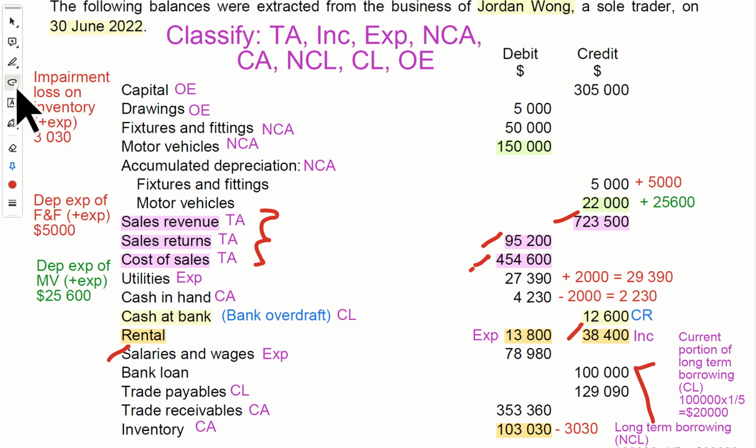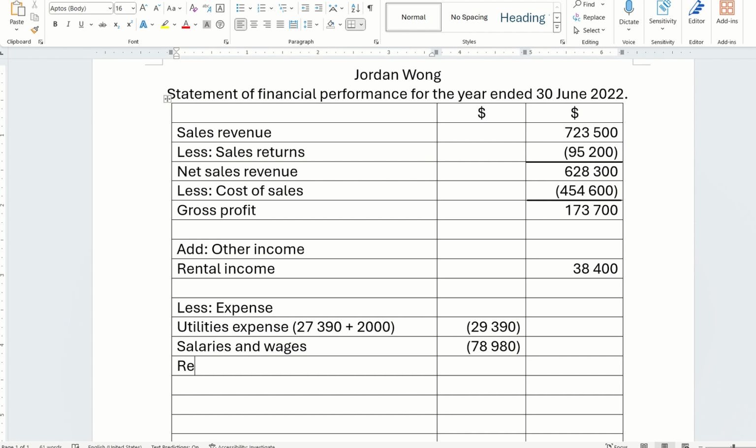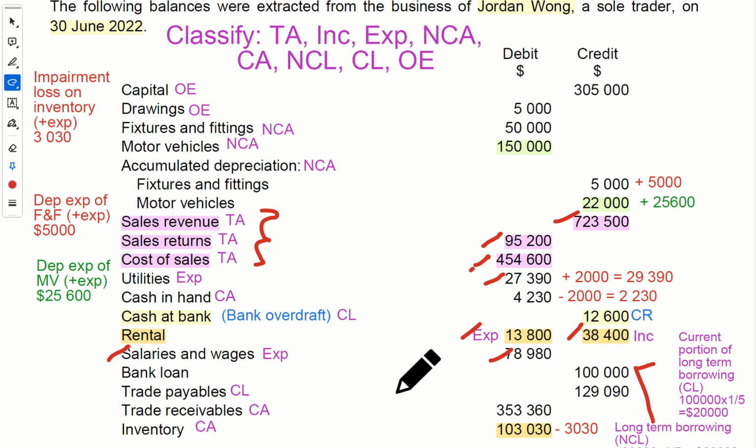Why do I tick off the numbers? I tick off the numbers so that I know I have already used it and then I will not miss it out. And I also have a rental expense, right? So I will list that down as well. Rental expense, 13,800. I tick the numbers so that I do not forget them.